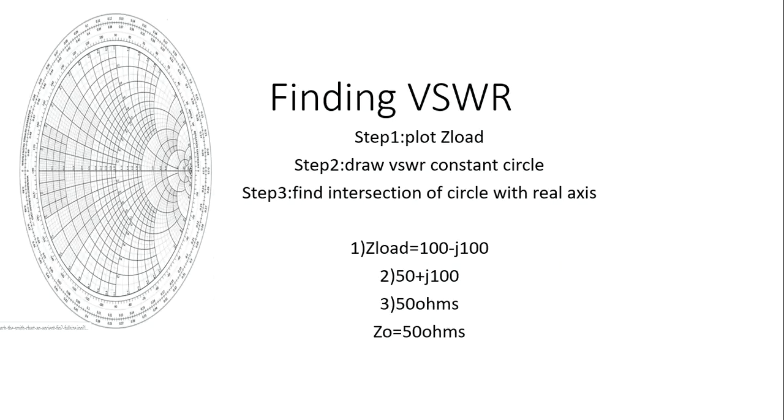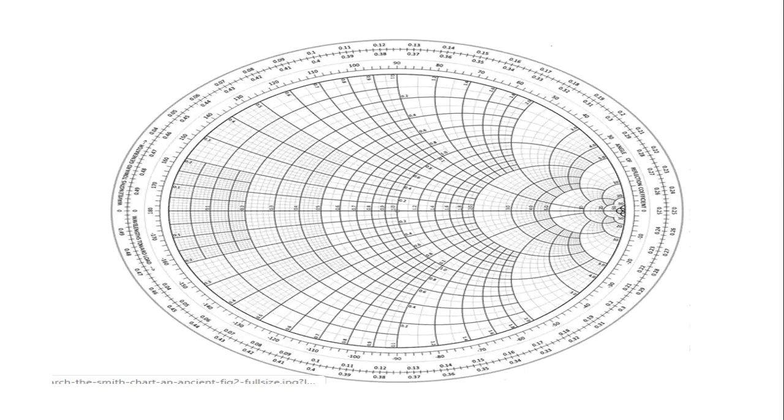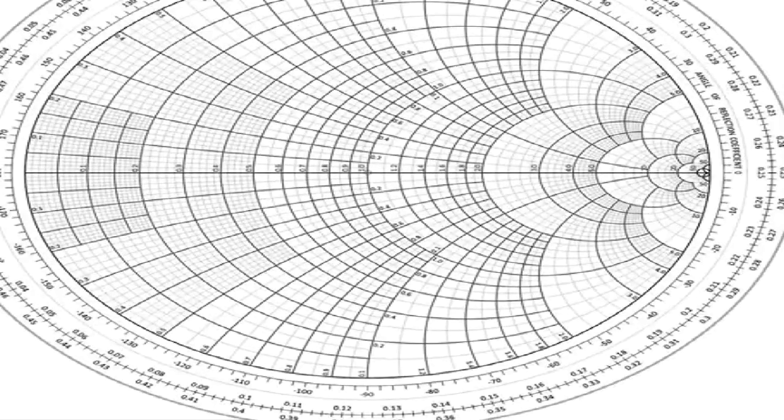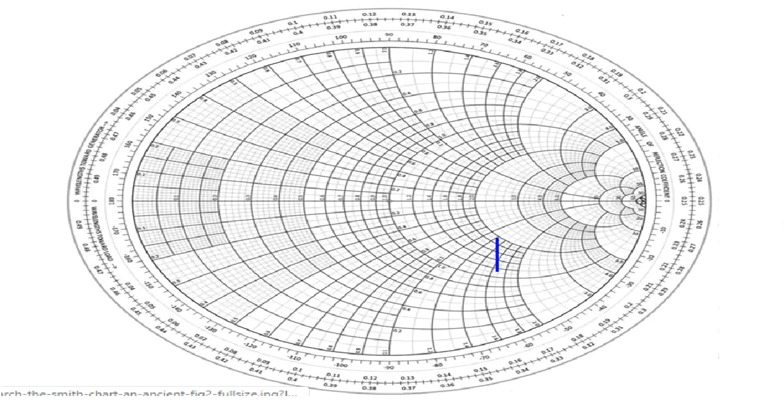So go back here, write down the equation 1 plus j2. Now where I can find it on the R1, so I'll plot this circle.